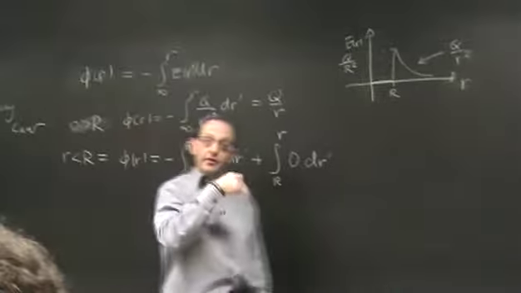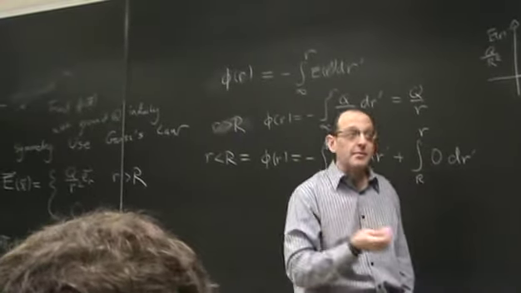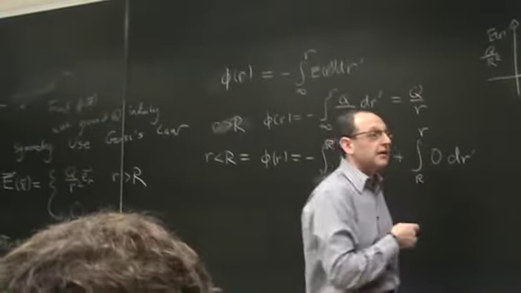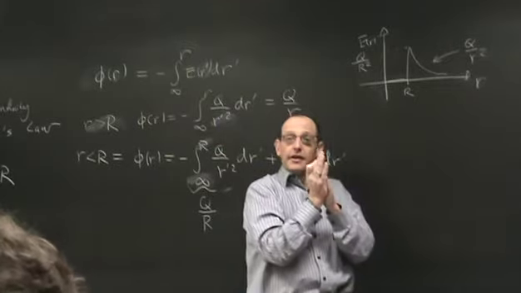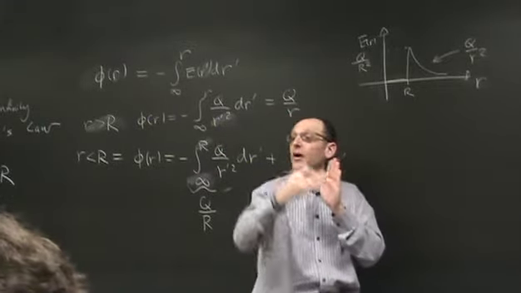And so, as you're seeing in your homework, you're reminding yourselves of this in problem 3 of the assignment this week. If I have charge that is concentrated onto a surface, then the electric field is discontinuous across that surface.